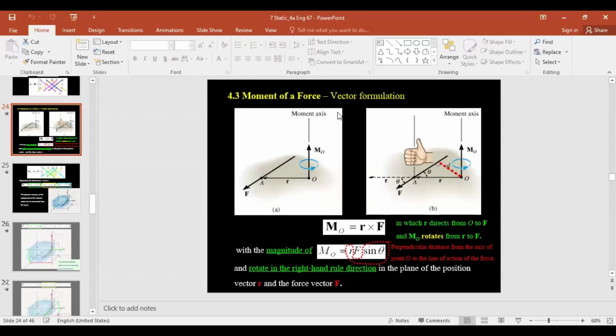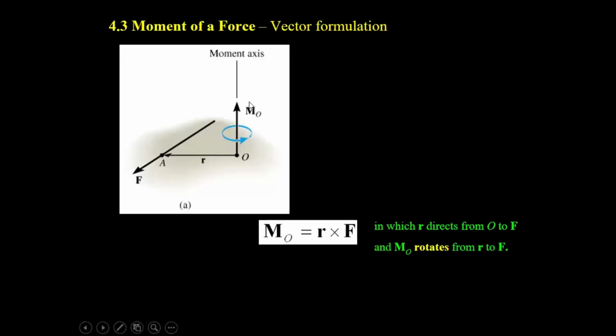PowerPoint number 7. On PowerPoint number 7, we're talking about the moment of a force. The moment of a force in two dimensions we have mentioned already, and it's very simple. The moment in 2D is going to be the force times the moment arm.